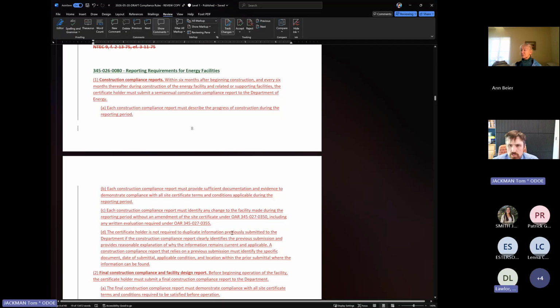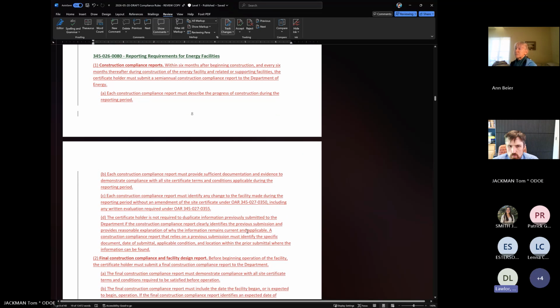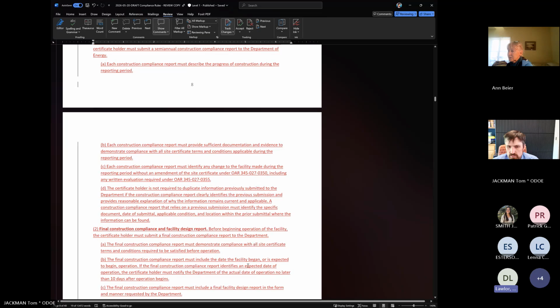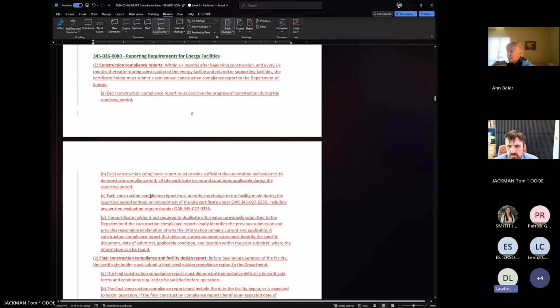Which one is this? Let me double check. This would be, I think, B, 81 and B: construction must provide sufficient documentation and evidence to demonstrate compliance with all site certificate terms.